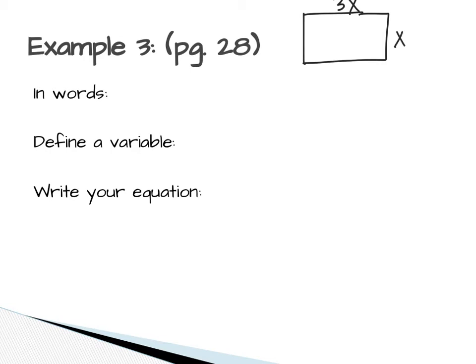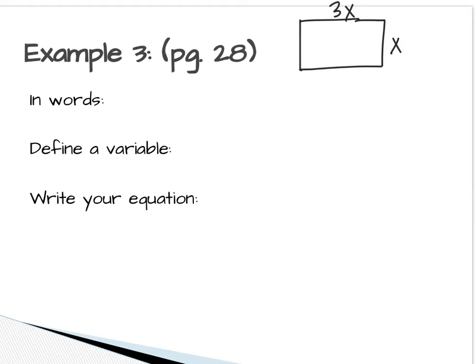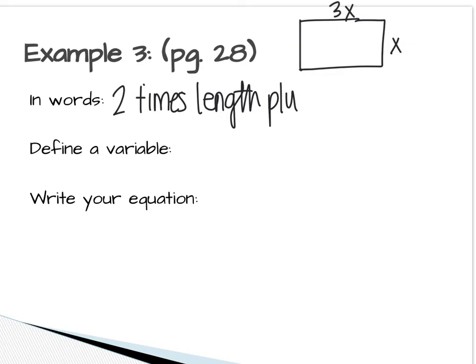So in words, they're telling you that the perimeter, which for a rectangle is 2 times the length plus 2 times the width, is 200. So 2 times length plus 2 times width is 200.